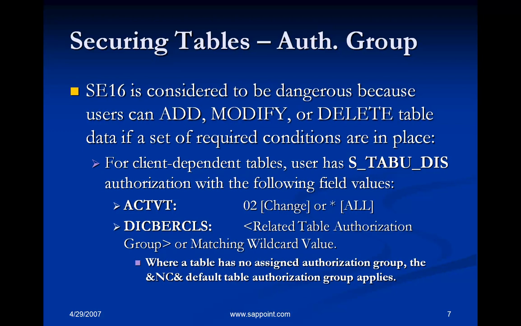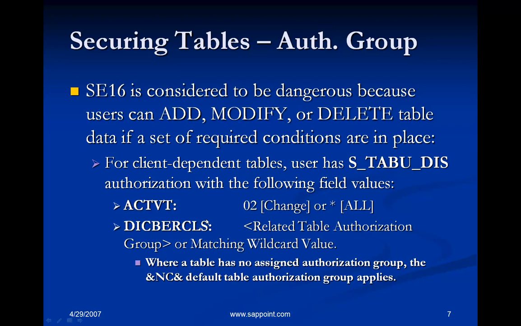Now, the authorization object for client dependent tables, meaning the data which is client dependent, is S_TABU_DIS, which controls such tables. Now, S_TABU_DIS has two fields in it. One is the activity field, the other is the authorization group field.